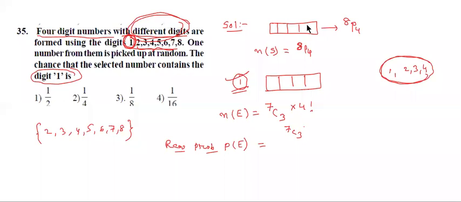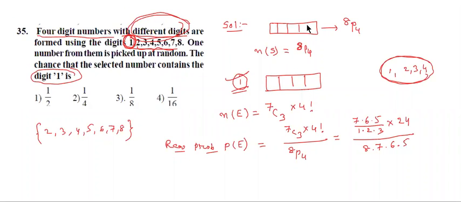7C3 into 4 factorial divided by 8P4. Students, what is 7C3? 7, 6, 5 divided by 1, 2, 3. 4 factorial means 24, divided by 8P4, that is 8, 7, 6, 5.